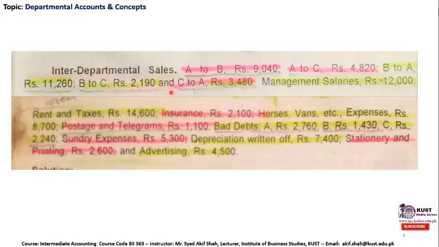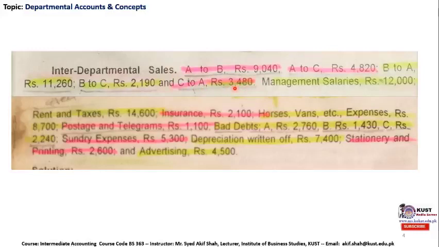Finally, Department C has sold to Department A worth rupees 3,480. So in a nutshell, Department A has sold to two departments, Department B has also sold to two other departments, A and C, whereas Department C has sold inventory only to a single department, Department A, worth 3,480.